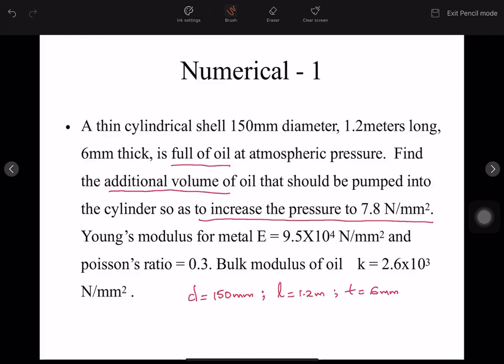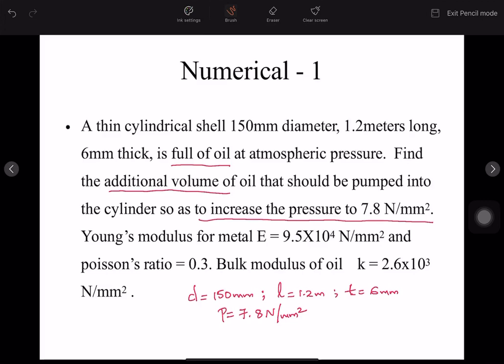7.8 Newton per mm square. So P is this much, and the rest are all values he has given: E value, Poisson's ratio, and bulk modulus of oil value.